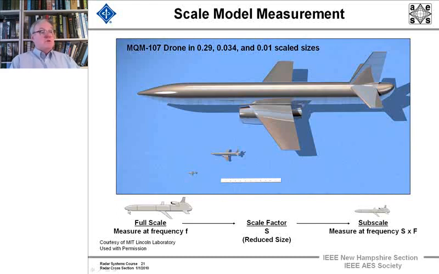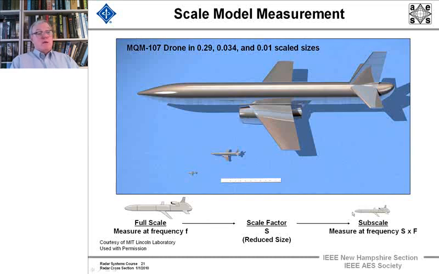So what one would do is you take your full scale target, measure at frequency f, and then if you take the scale factor s, reduce it in size, dividing by that s factor, and then you measure at a frequency s times the frequency that you want the data at, you'll have the scaling.